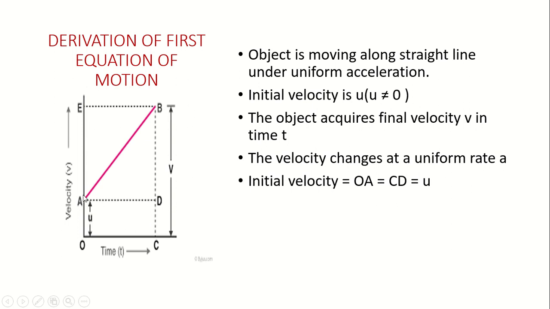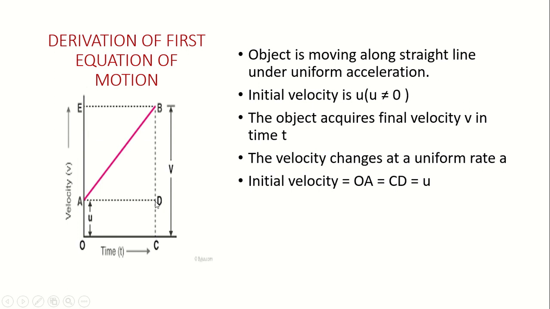Please see, this pink line is our main graph. And these dotted lines, like you can see, line BC is a dotted line, which is a line drawn by us and which is perpendicular to the time axis, or you can say the x-axis. And there is another dotted line BE, which is drawn perpendicular to the velocity axis, or you can say y-axis.